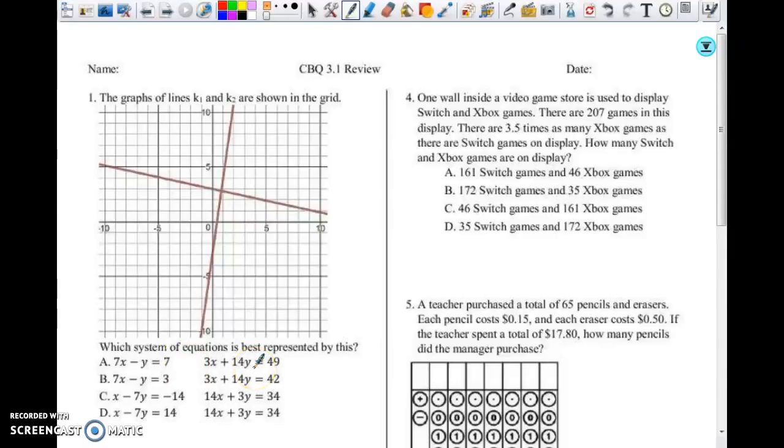Now, it helps if we can already identify some of the way it's supposed to look. I know this line is supposed to be moving down. It crosses right here at 1, 2, 3. So it's going to cross here at 3. I see that this line that's moving up crosses right here at 0, -1, -2, -3.